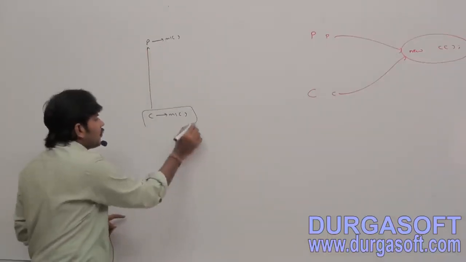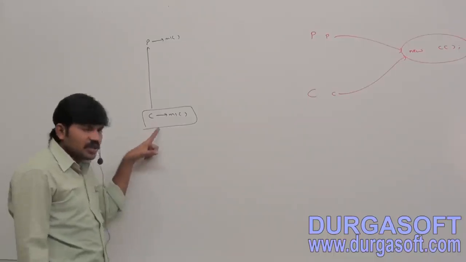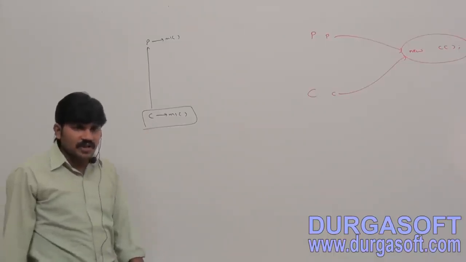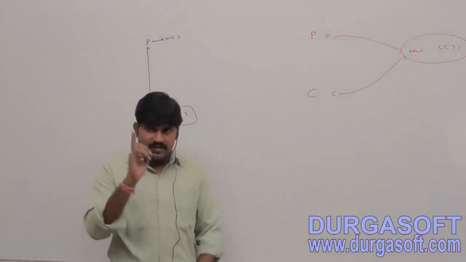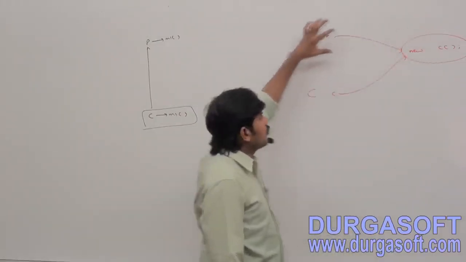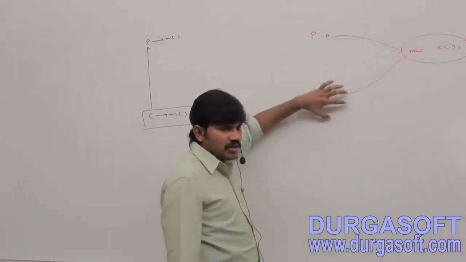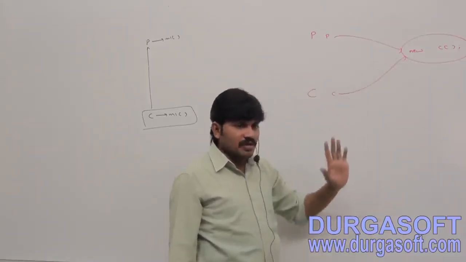Only the new copy, I mean the child copy, is available. In overriding, for the child, only the child copy is available, the parent copy won't be available, because we redefine it. That's why for the child object, whether you are using a parent reference or a child reference, in both cases only the child class method will come into the picture.